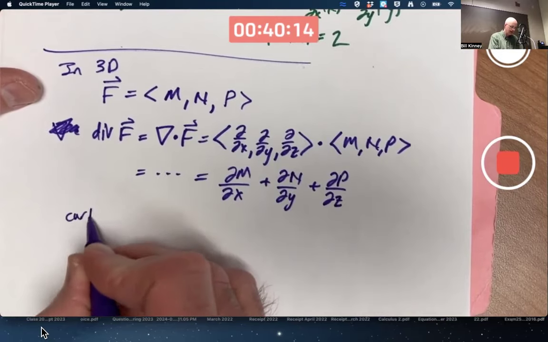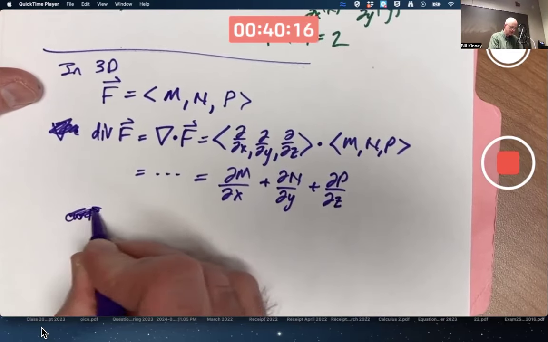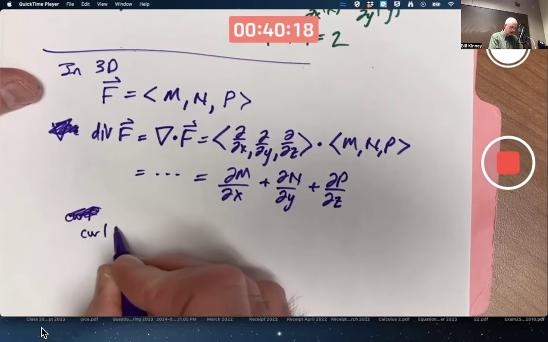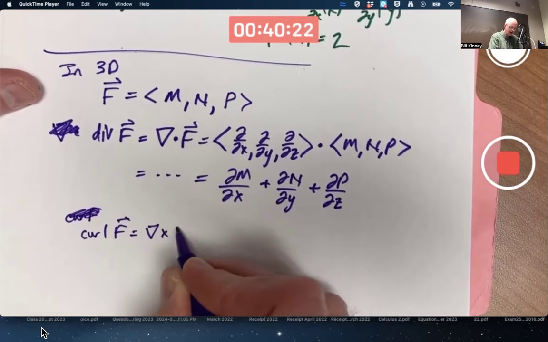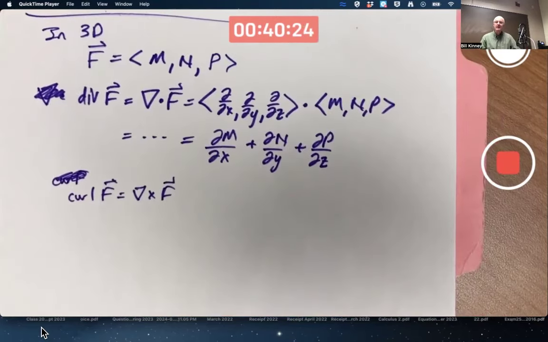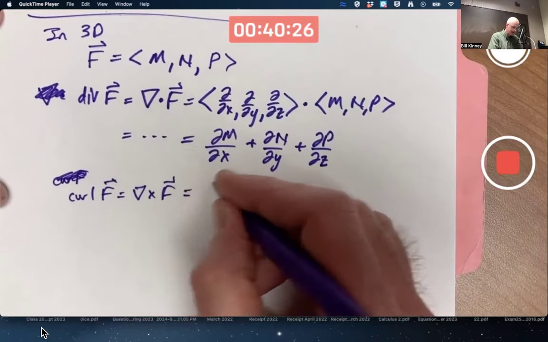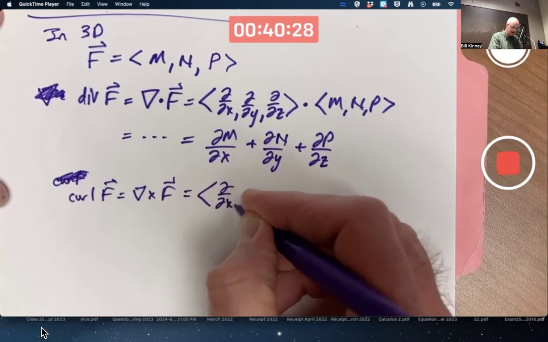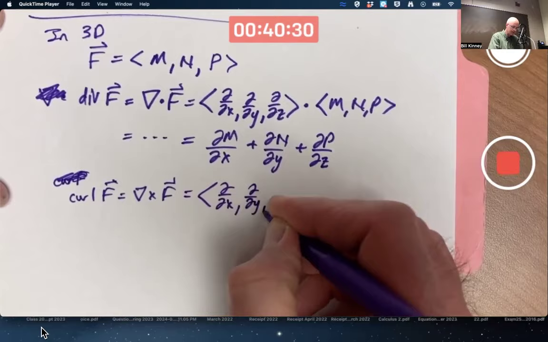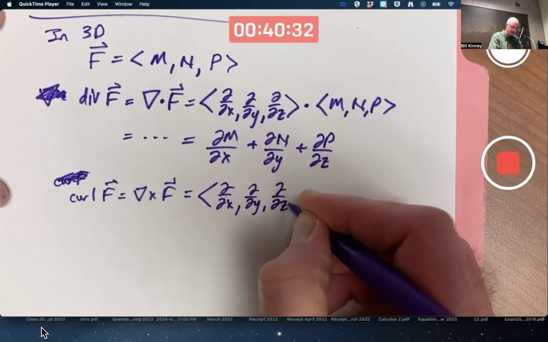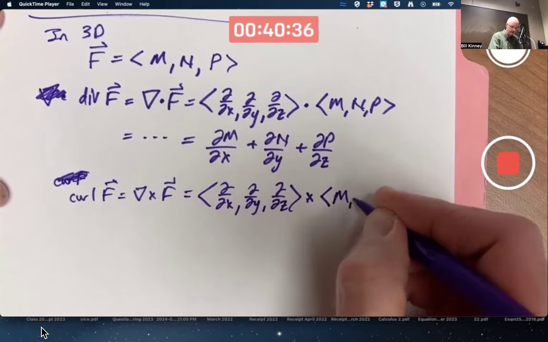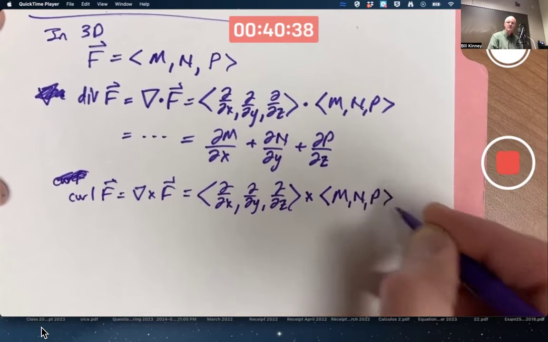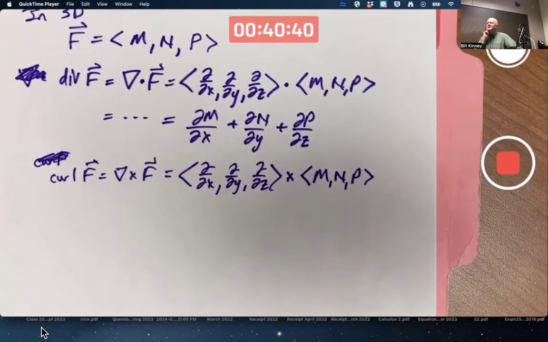And the curl of F, shorthand written del cross F, is literally the cross product of these 2 3-dimensional vectors, although this first vector is not a numerical vector, it's a vector of operators. Symbols for derivatives, not numbers.